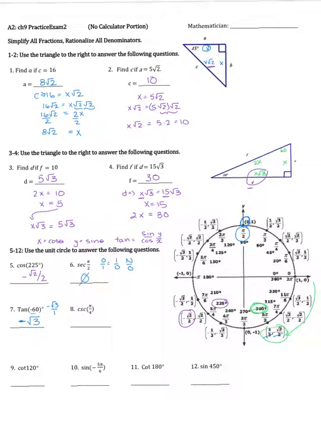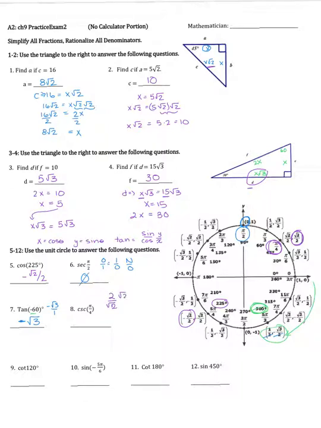Then we go to cosecant of pi over 4. Pi over 4 is right here. That's the same as 45 degrees. Cosecant is the reciprocal of your sine, which is the y value, although both x and y are the same there. So the reciprocal of that would be 2 over rad 2.